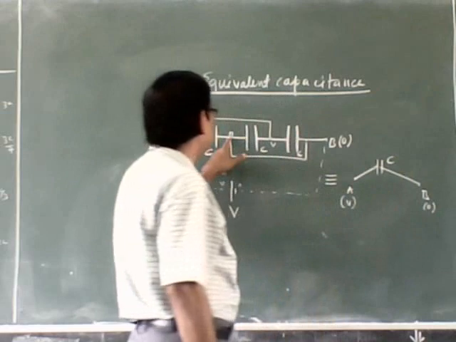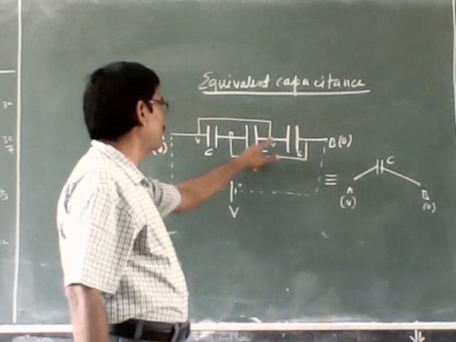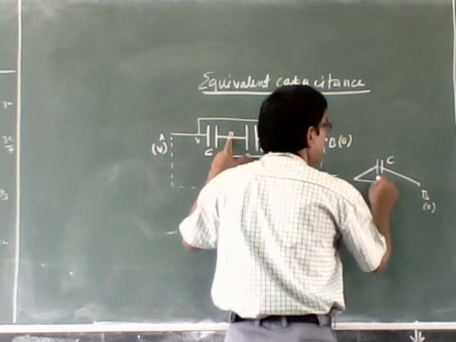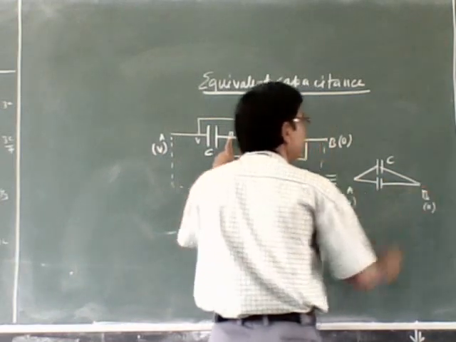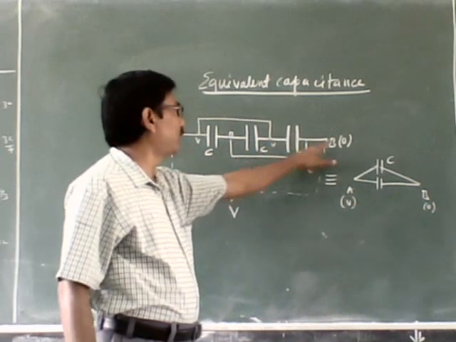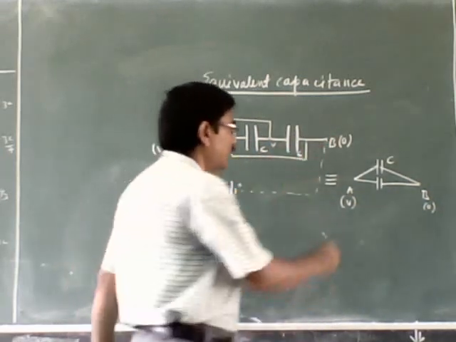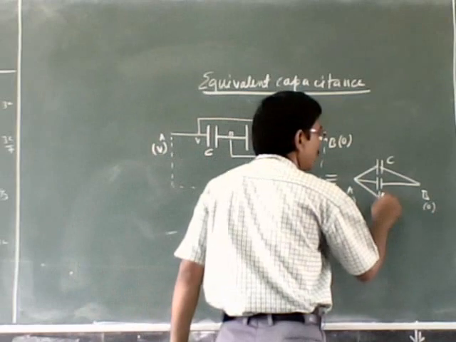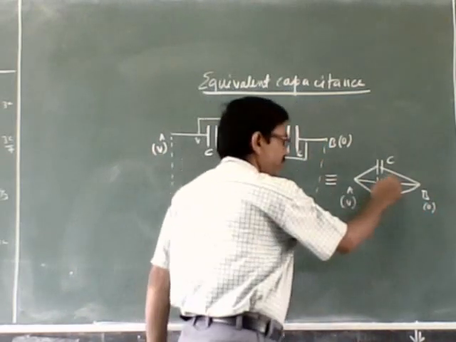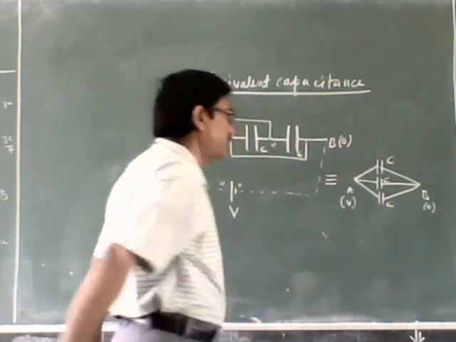The second capacitor is also connected between V and 0. And the third capacitor is also connected between V and 0. Their capacitances are equal.